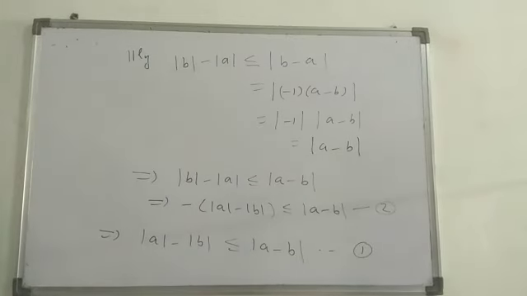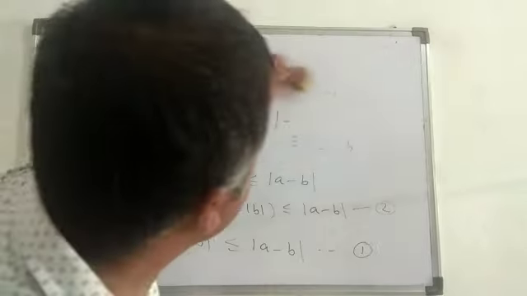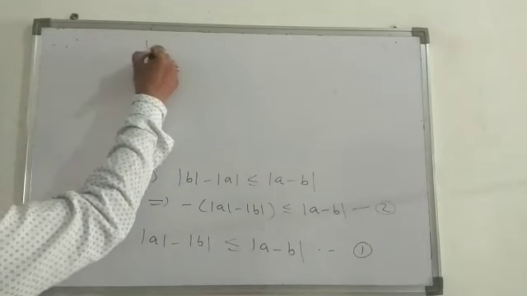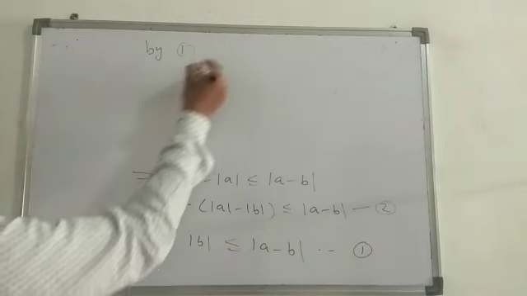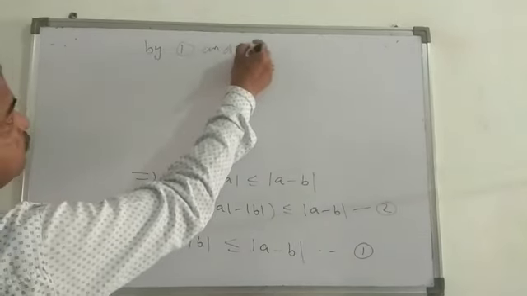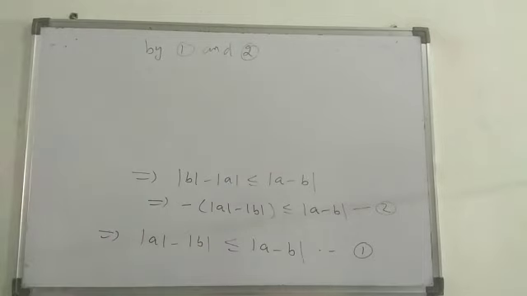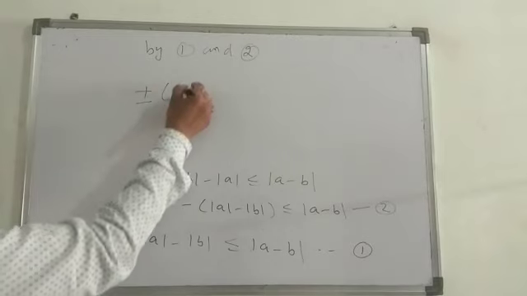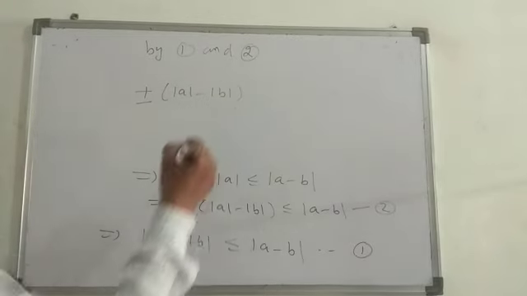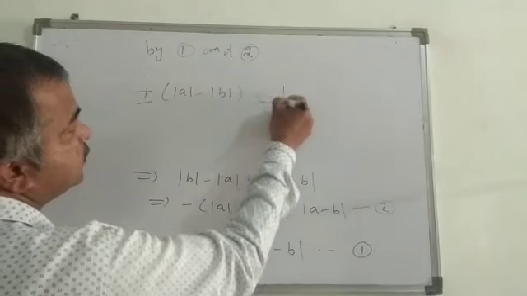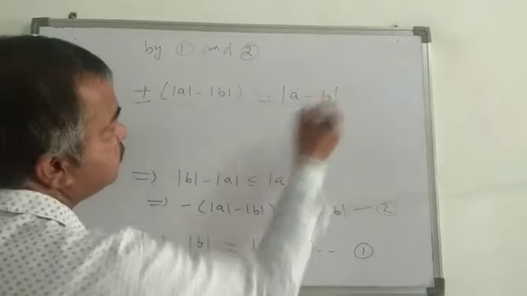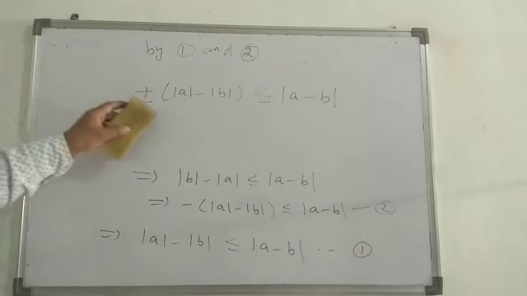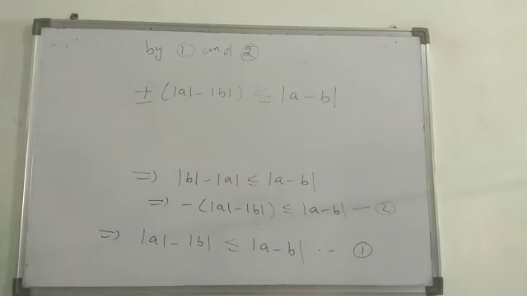So by 1 and 2, both signs of |a| - |b| are less than or equal to |a - b|.